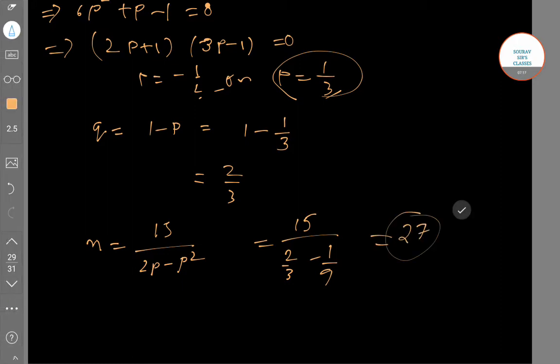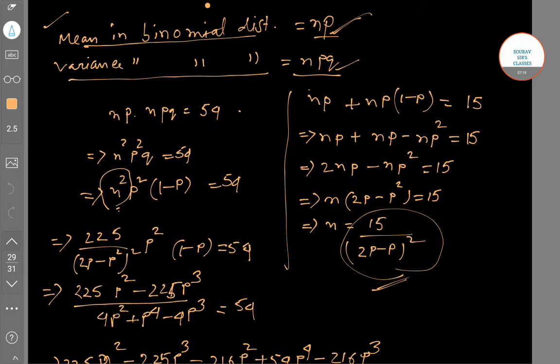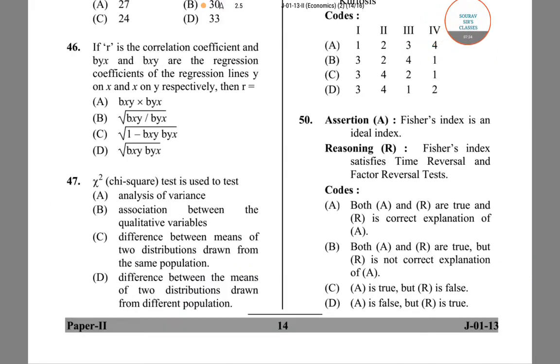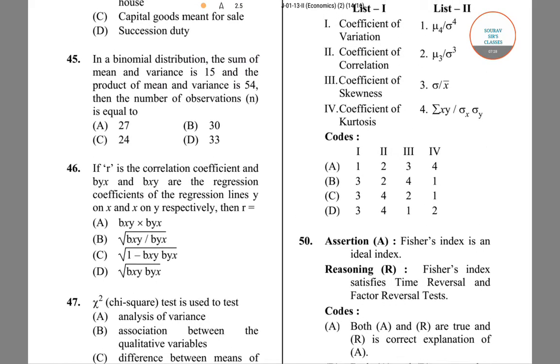So now we'll go back to the question again. For question number 45, the right answer is option A. In a binomial distribution, the sum of mean and variance is given by 15 and the product of mean and variance is given by 52.